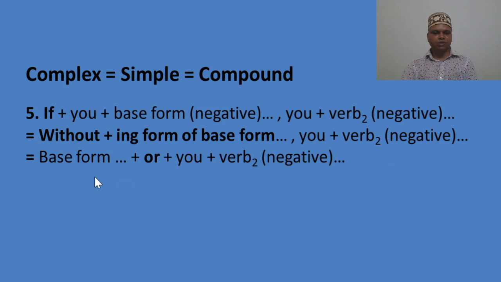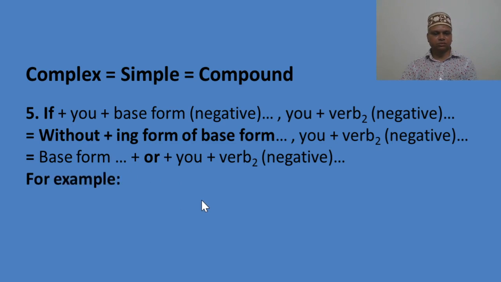And the compound sentence will be the base form, not using the negative form, the base form and the rest of the sentence, and the principal clause will be joined by or. So look at the rubric: if, without ing, or.